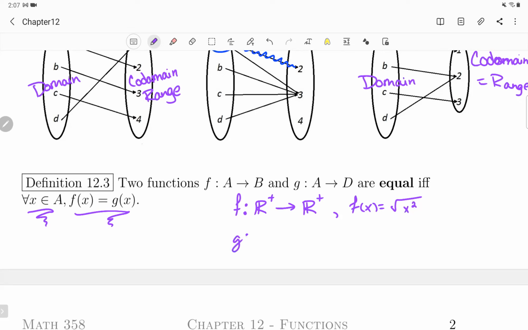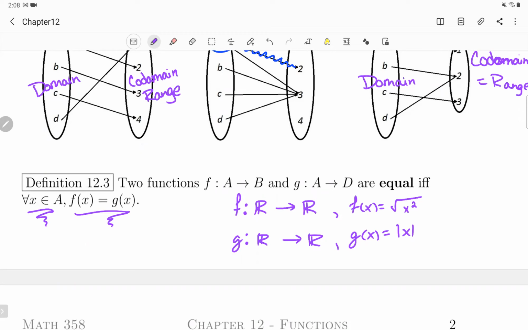And we define g, so I could have used negatives, but we'll use positives, that's okay, by g of x equals the absolute value of x. These would actually be the same function. Any x you plug in, it's going to output the same thing. I can even get rid of the positives restriction and they would still be the same function.